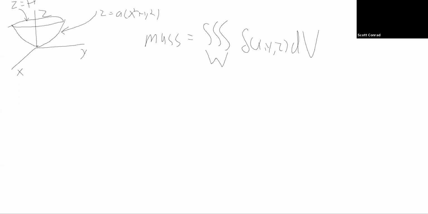But cylindrical coordinates are reasonable because z is bounded above and below by functions. And when we project this down to the xy plane, we get a circle, essentially, or a disk, which is very easy to describe in polar.